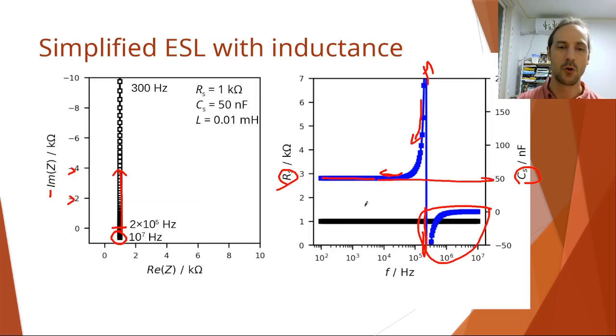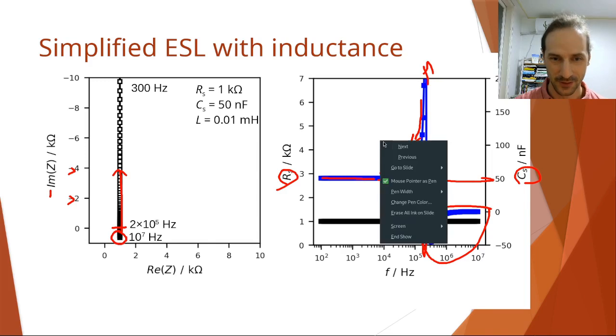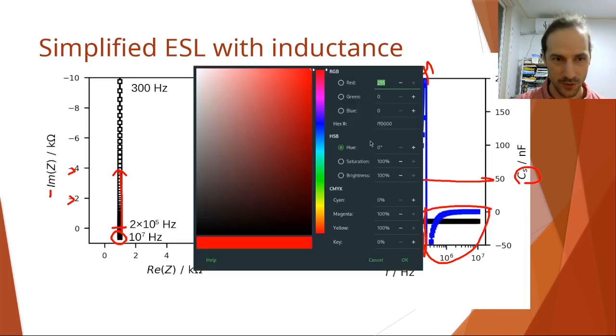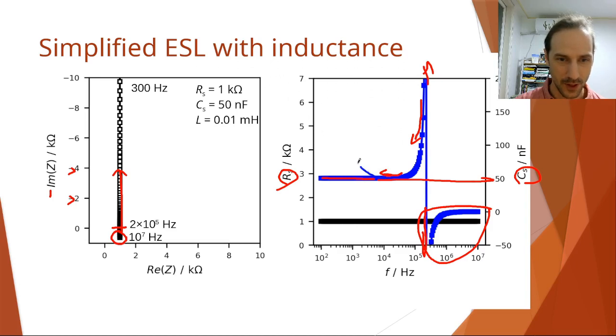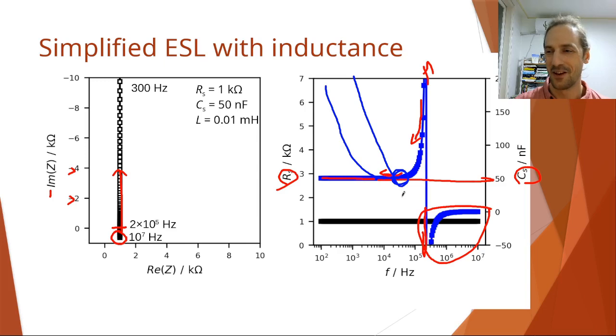But of course, once you have this inductance and you also have the leakage current, then let me change my pen color to a little bluer. Then of course you will have the same problem at the low frequencies, and the higher your leakage is and the higher your inductance is, the smaller this area will be where you can actually see the real capacitance on this plot.